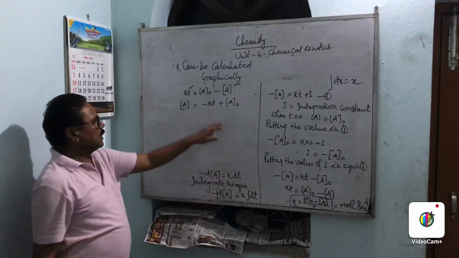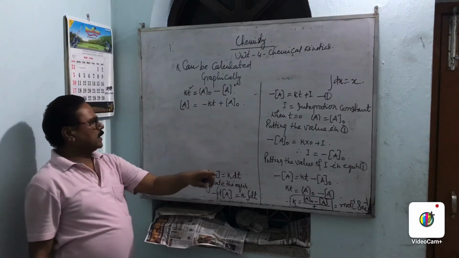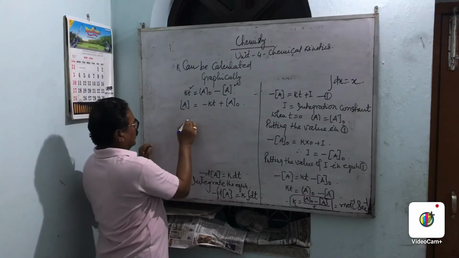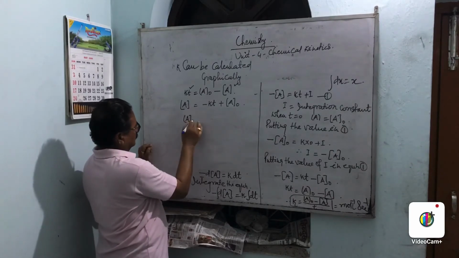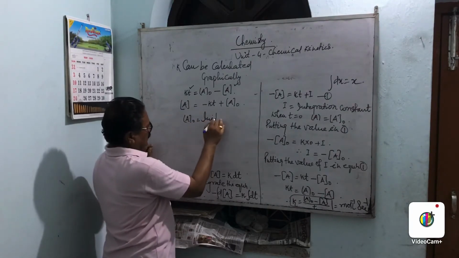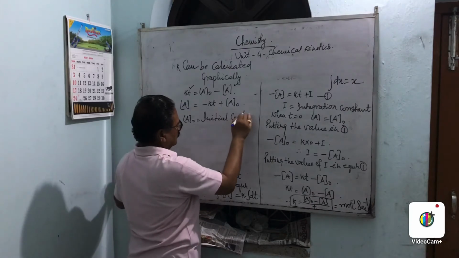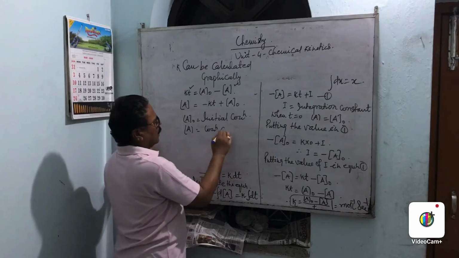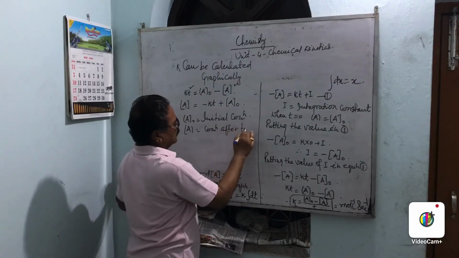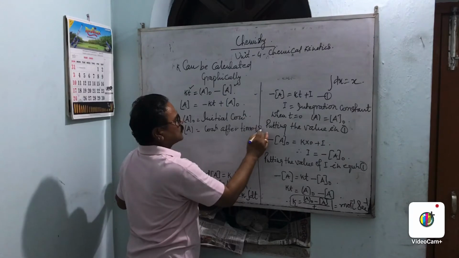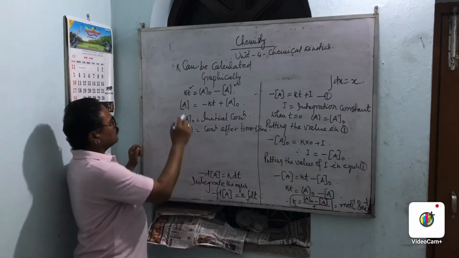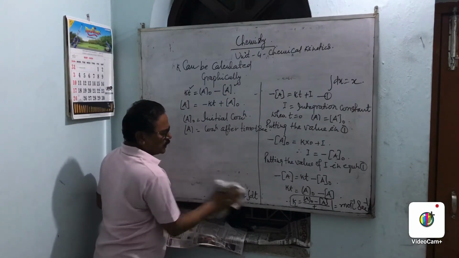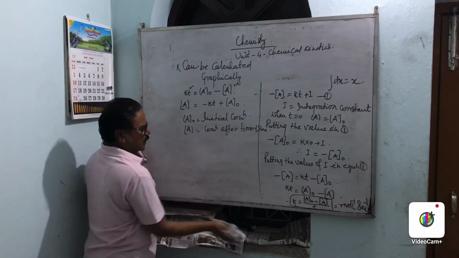You have the knowledge that A naught is the initial concentration and A is the concentration after time t seconds. This is very important. So we plot a graph between these two functions.